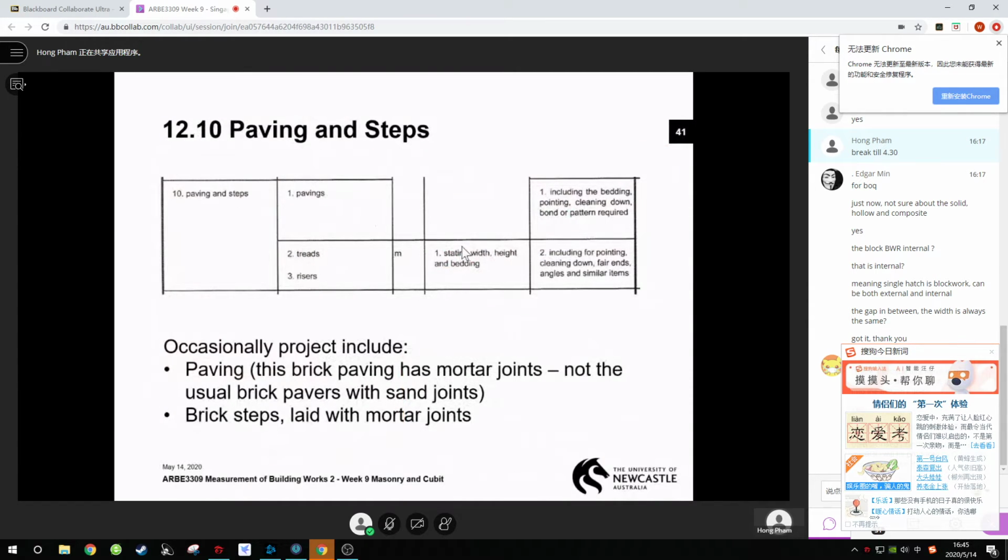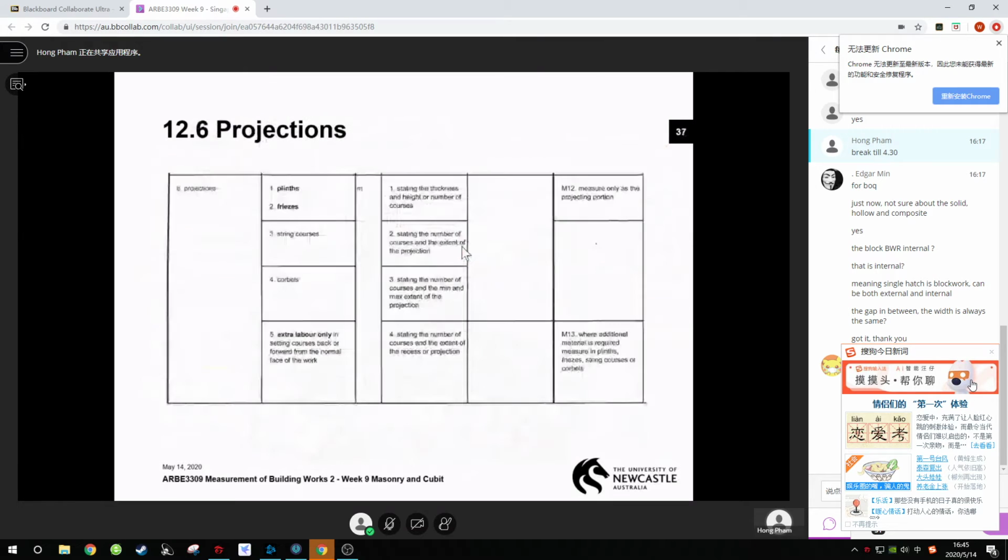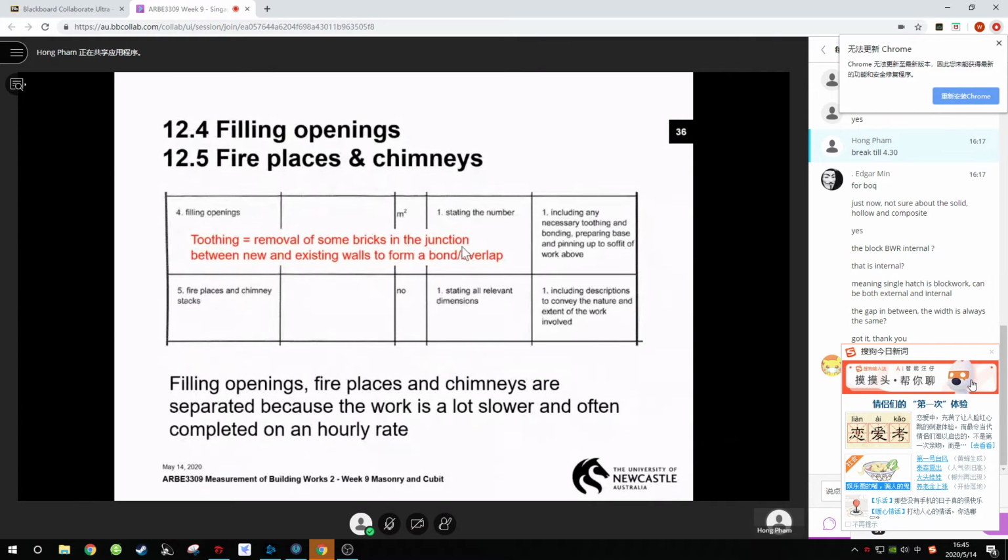These few BOQ pages are extremely important for your assignment, because this is where you can make reference, or you can copy, but you don't copy wholesale. Okay, you need to think whether it is relevant. You can refer to how they describe, and then you can apply to your qubit BOQ. You understand what I mean? Yeah, so the client letters are the BOQ items, but that is not how you describe your BOQ items.